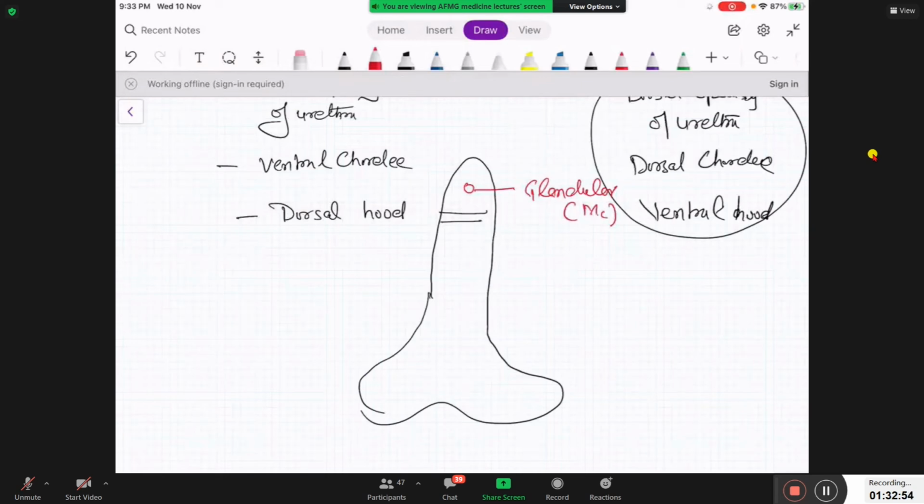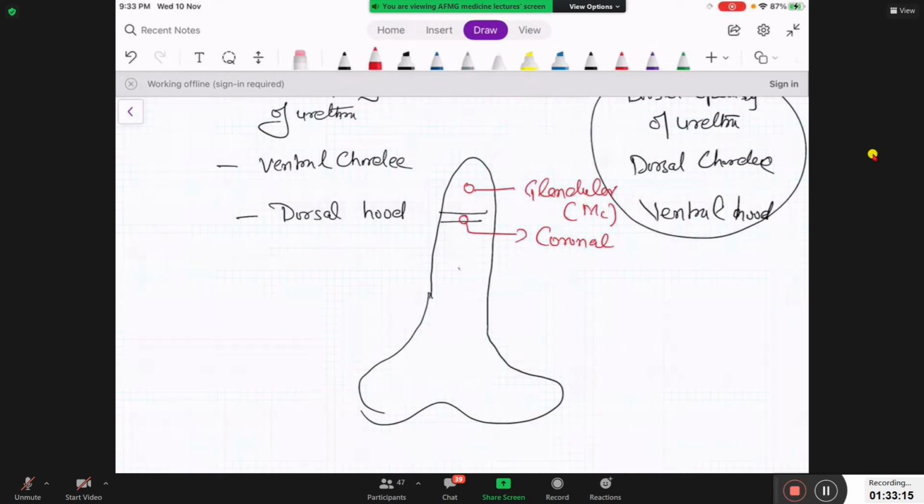We have the coronal type when the urethra is opening at the coronal sulcus.